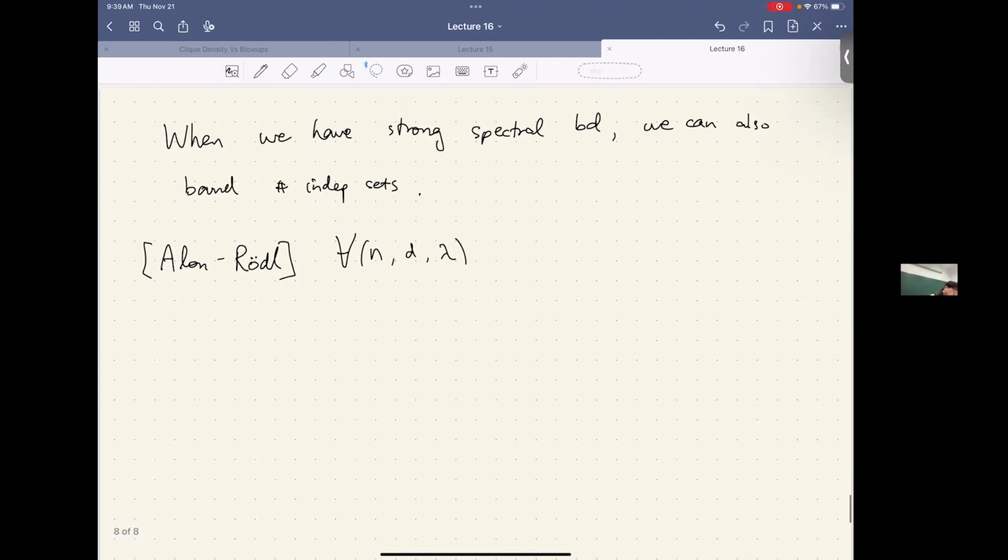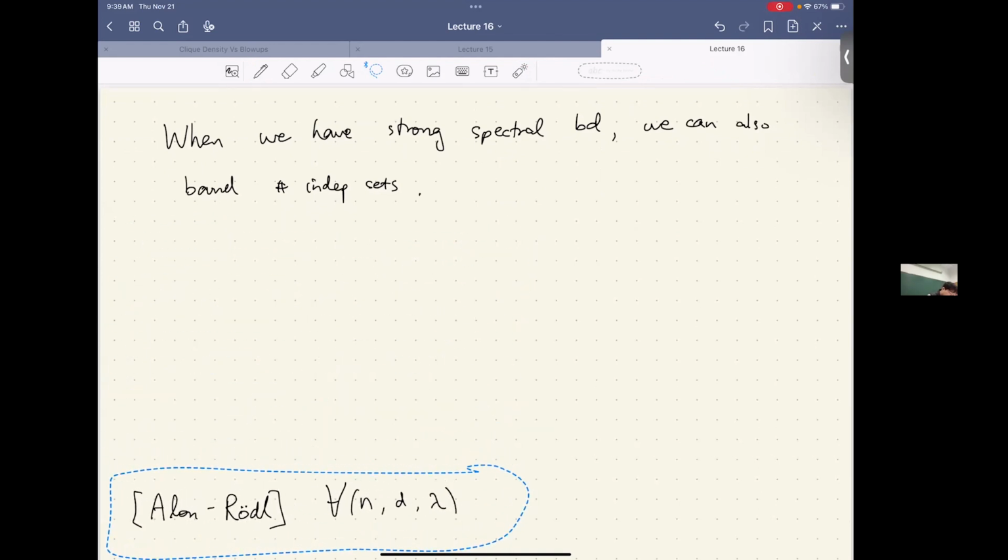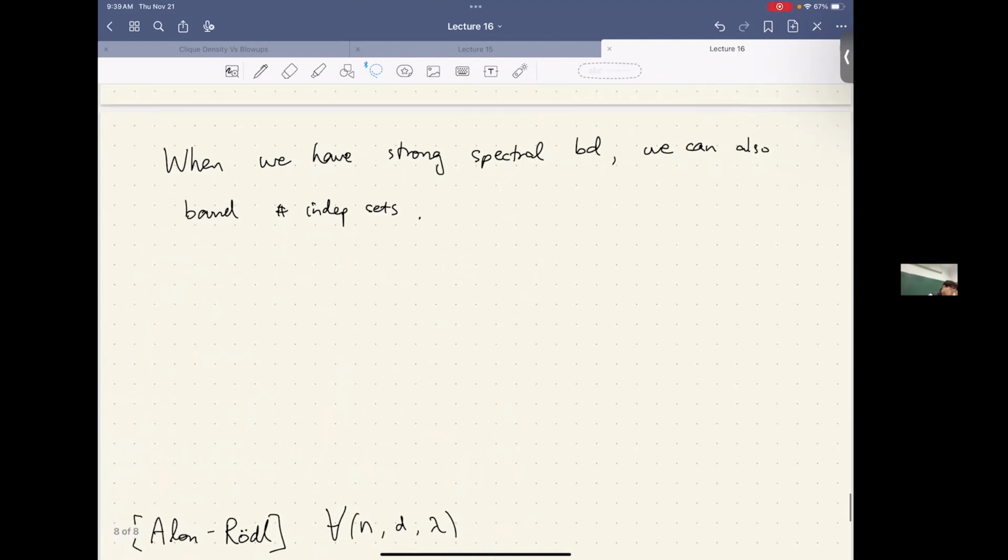Maybe before I mention this, I want to mention some simple observation. First of all, say we want to bound independent sets in n vertex d regular graphs.